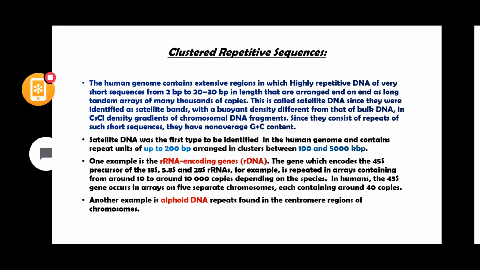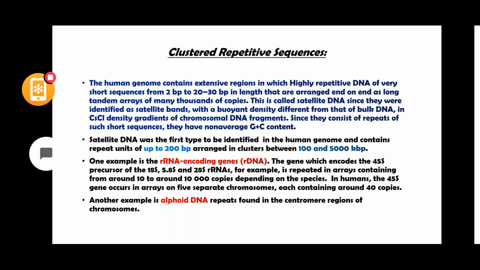Why is it called satellite DNA? I will show you one figure. When you run a density gradient centrifugation using cesium chloride, two bands will appear: one band having a larger peak and another having a small peak.